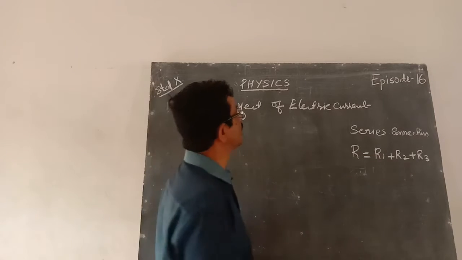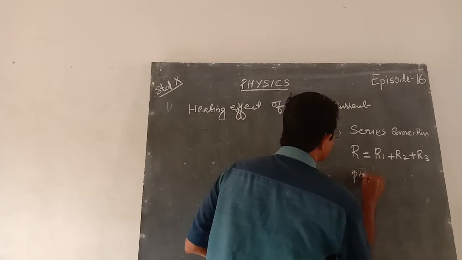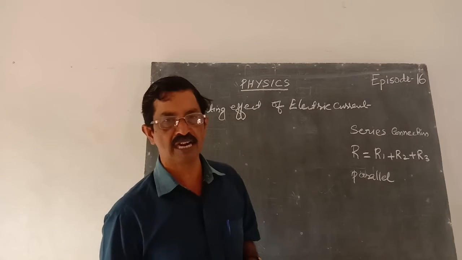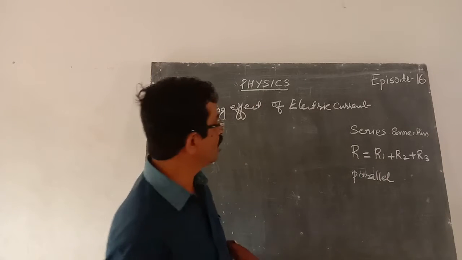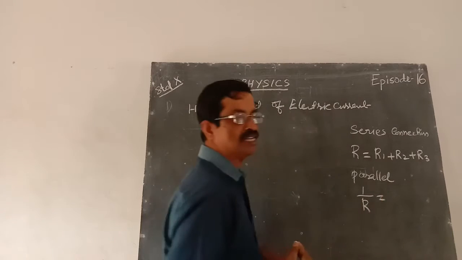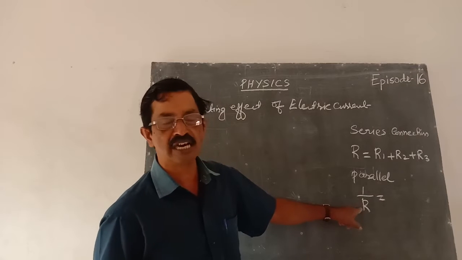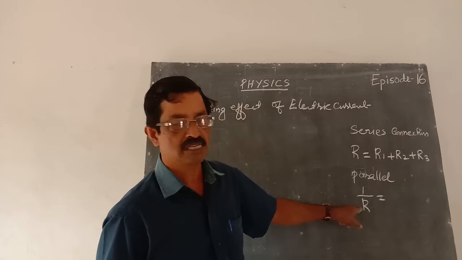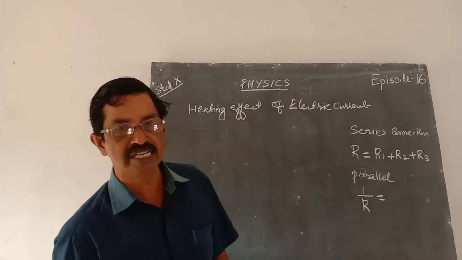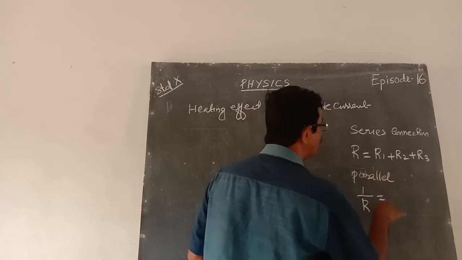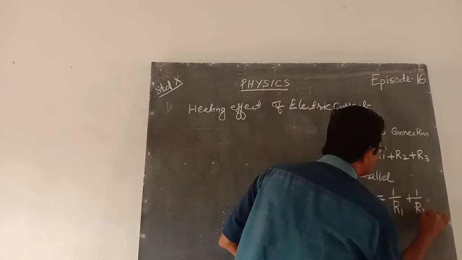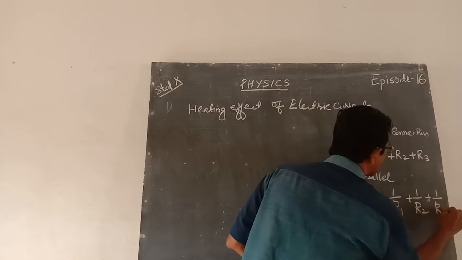But when the resistors are connected in parallel, the total resistance or effective resistance we can find from the relation 1 by R equals 1 by R1 plus 1 by R2 plus 1 by R3.